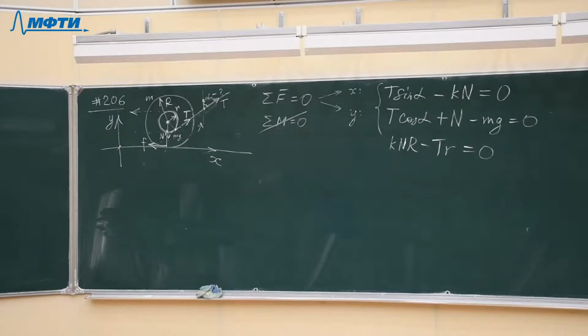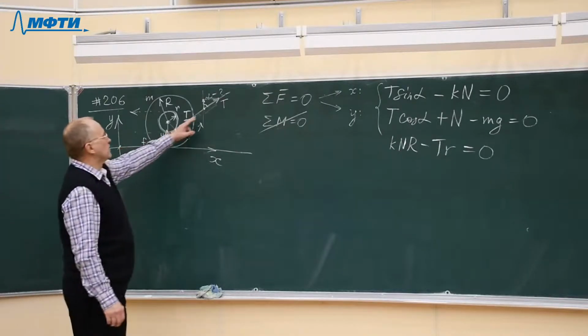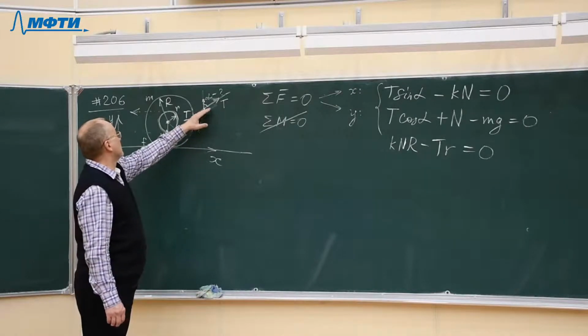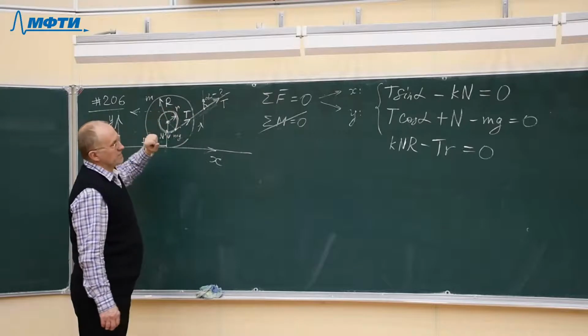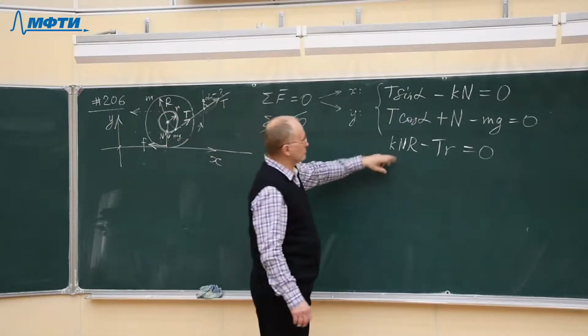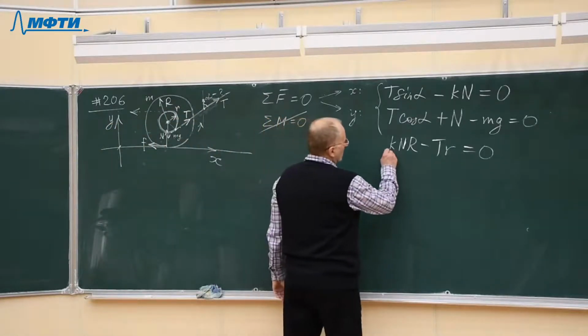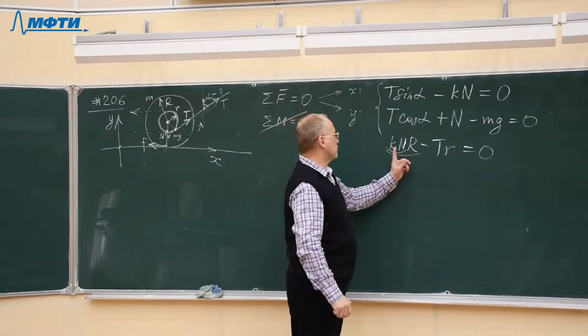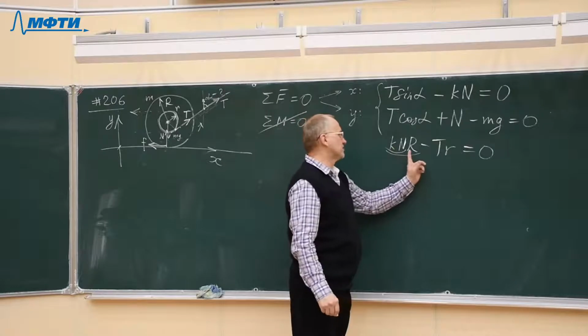If we pull the string using a small force, if we apply small effort, then the spool will not rotate. In this particular case, we have to calculate the torque of the force of friction kN, and the torque is always the force times the arm of the force.